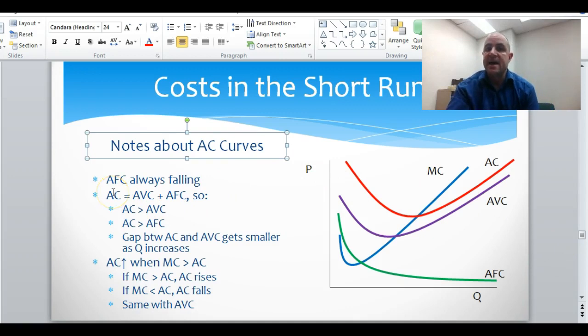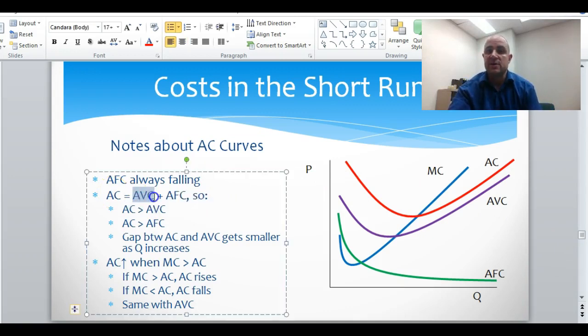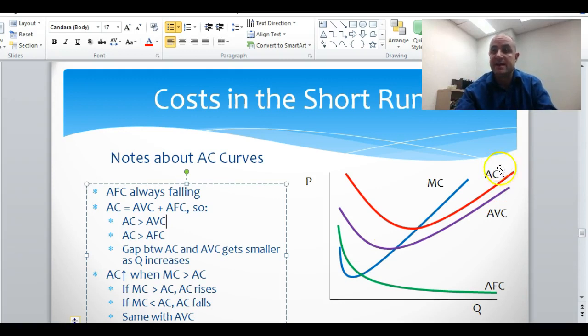The other thing is that the average cost, just as with the total, is going to equal the average variable cost plus the average fixed cost. So the average cost is always going to be greater than both the average variable and the average fixed. However, the gap between the average total cost and the average variable cost is going to get smaller as output gets bigger.